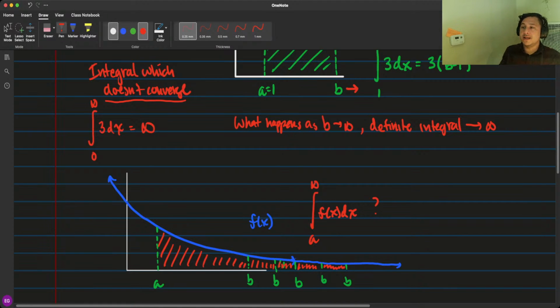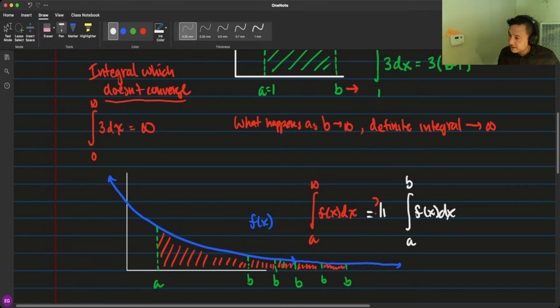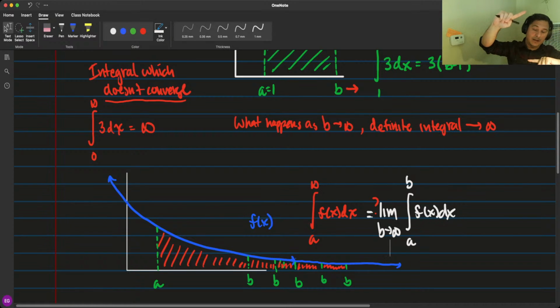Okay, and the way that we're going to calculate this is we're going to imagine integrating from a to b of your function f of x dx, and then we're going to take the limit of that. So if you want to integrate from some number to infinity, you first integrate from a to b, and then you take the limit as b goes to infinity to see what happens.